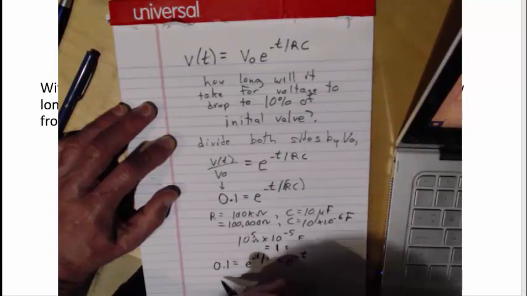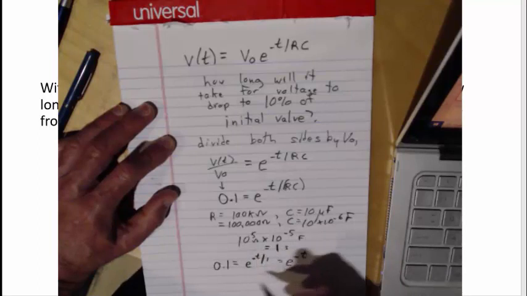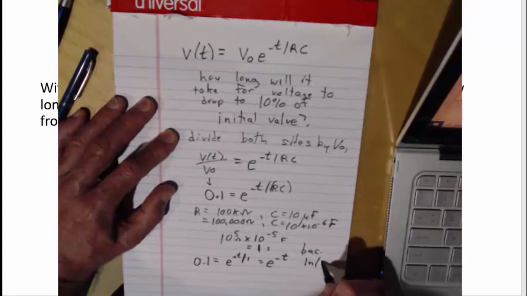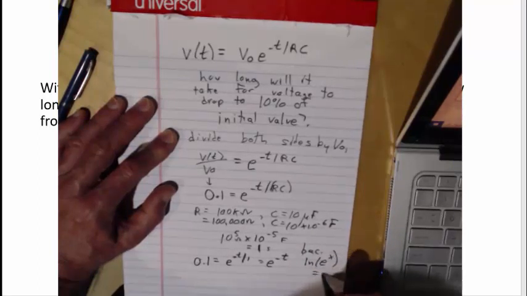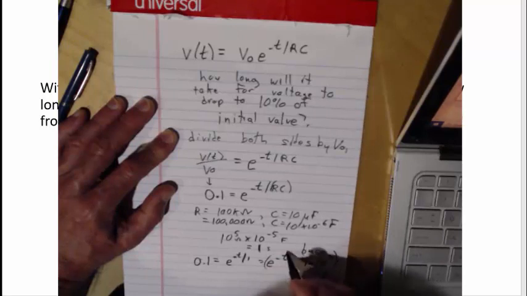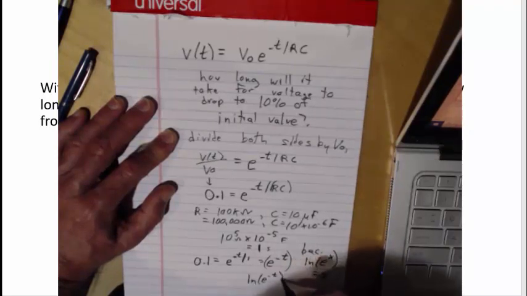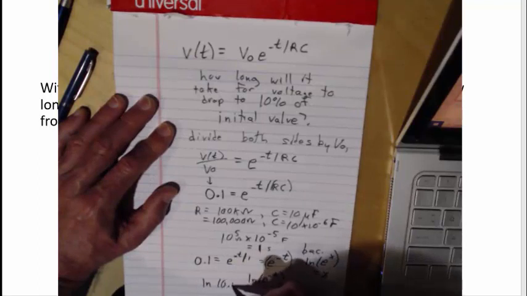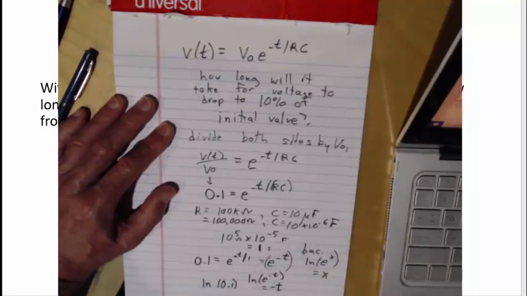Now, if I take the natural logarithm of both sides, because the natural logarithm of e to the x is equal to x, if I take the natural logarithm of e to the minus t, I get minus t. If I take the natural logarithm of 0.1, I'll do that on Excel, I'll get what that's equal to.